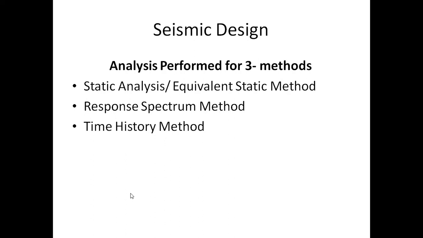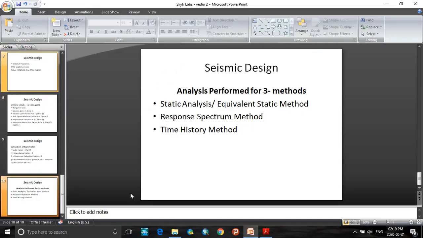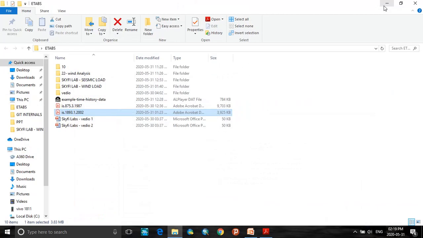Here I will be performing the analysis using three methods. The first method is static analysis, or the equivalent static method. The next method is the response spectrum method, and the third is the time history analysis method. Now let's start with ETABS.